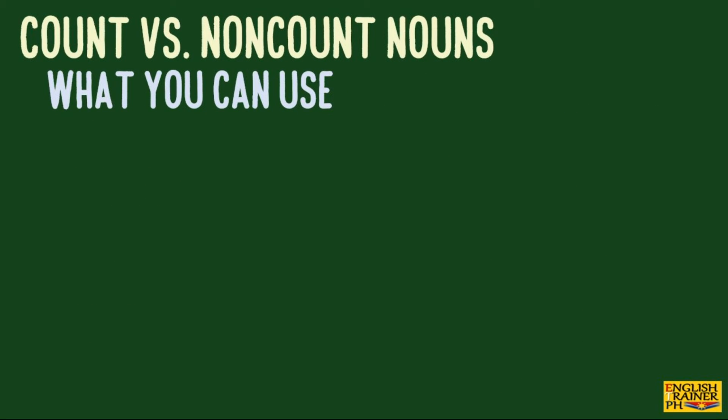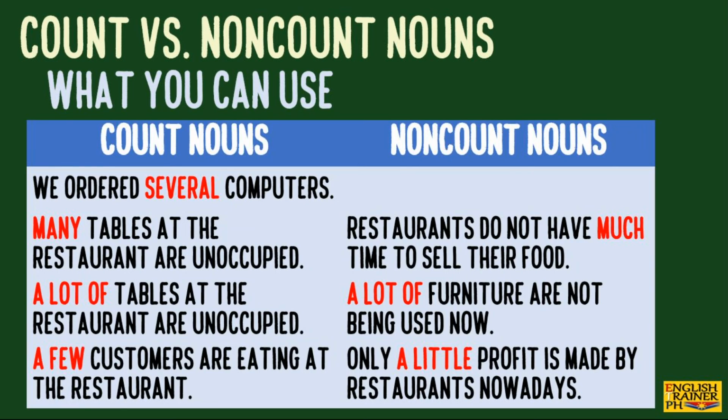So if I can't put a number, or I can't put a or an, or an s to make it plural, what can I use with count nouns and non-count nouns? On the left side, you will see count nouns, and on the right, non-count nouns. Words that you can use with count nouns are several, many, a lot of, and a few.